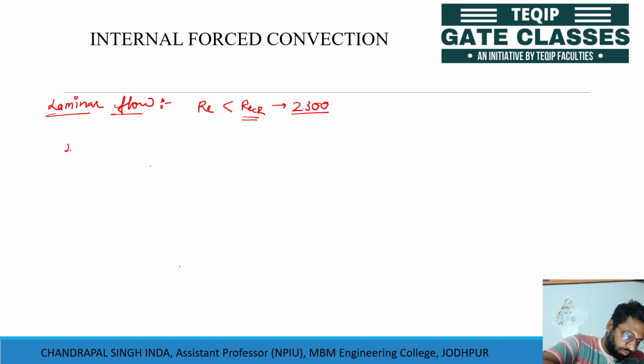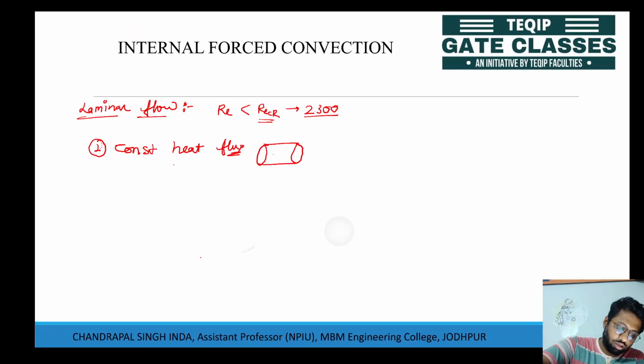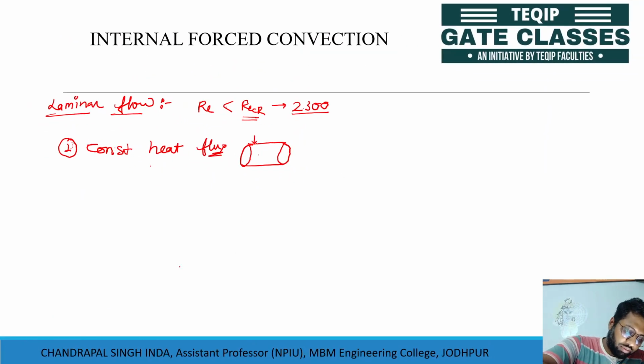In the first condition, we consider constant heat flux through the pipe, meaning this is a pipe and it is bounded by a wire and giving a constant heat.